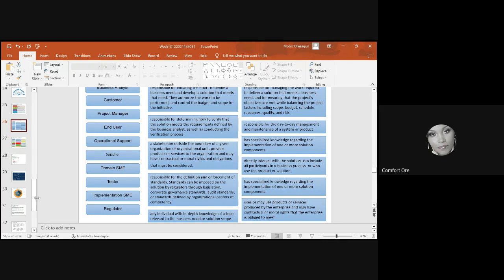So operational support, yes, they have to have specialized knowledge regarding implementation, but that is almost feeding into what an implementation SME is. You know what? I'll take this away and bring you the actual definition. So let's write that down.